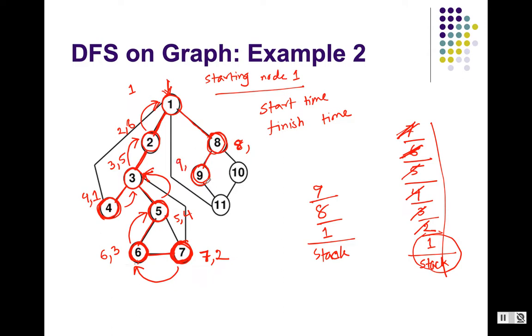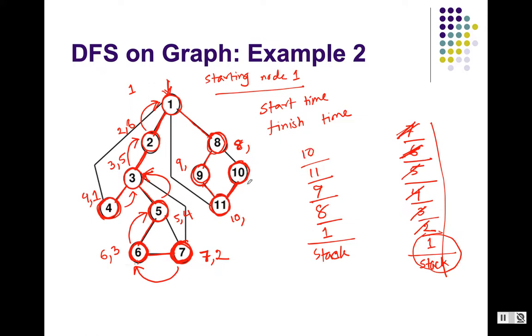Now from 9 we can go to node 11. Let's go to node 11. Its visiting time will be 10. From 11 there is one neighbor node which we can visit, node 10.